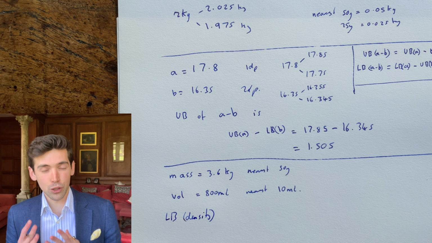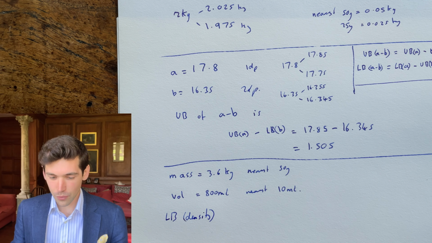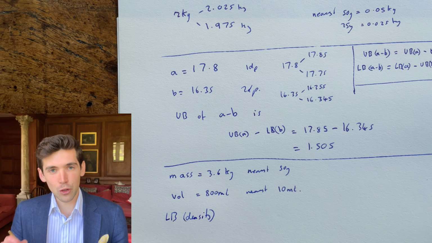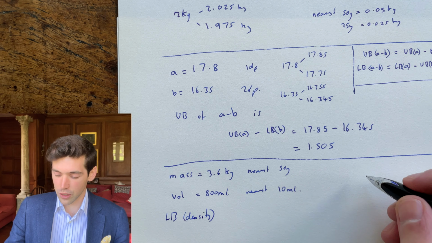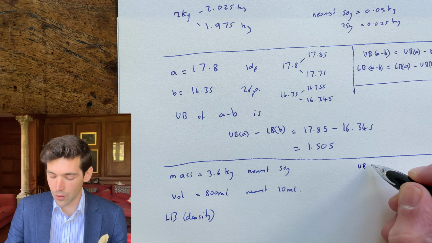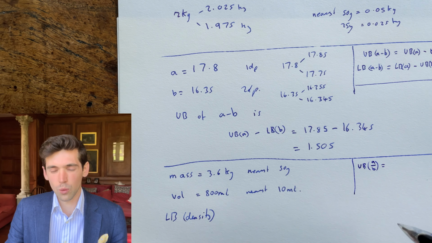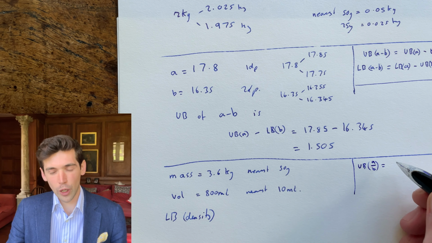Now this requires you to know that density is mass divided by volume. Must know that. And assuming you do know that, then you can get on with this question. So let's just go over here like before and just talk about what is the upper bound of a division. We're dividing two quantities. What do we do? Well, we want the highest number.